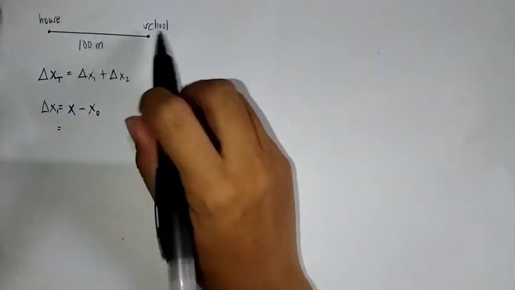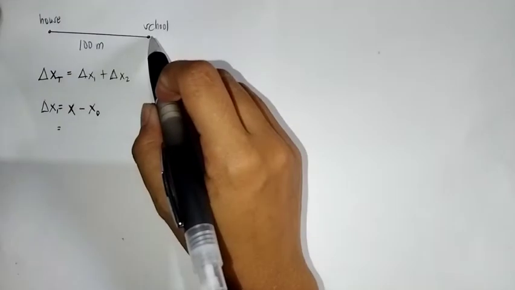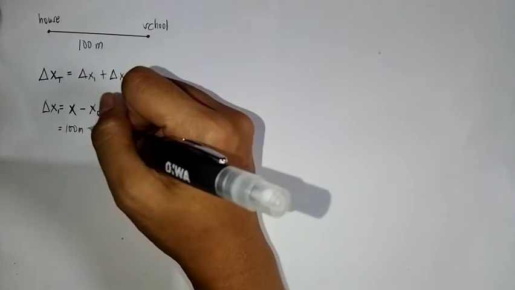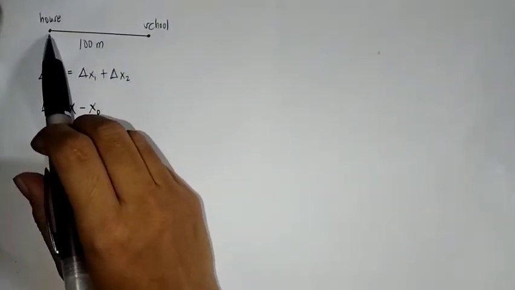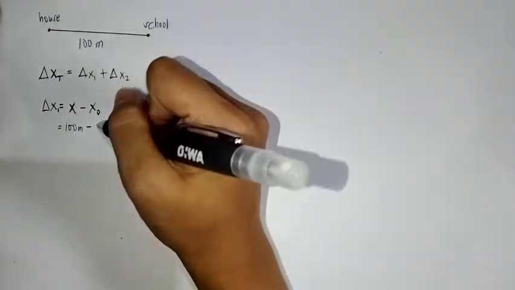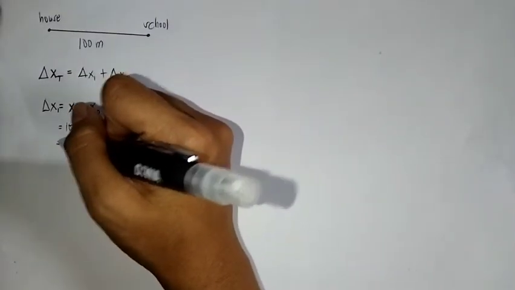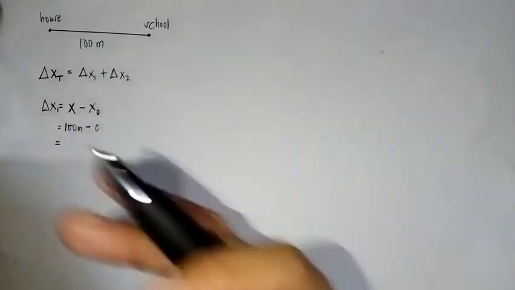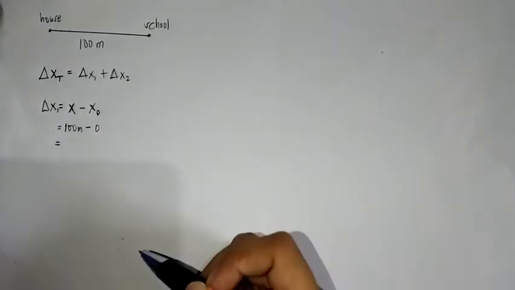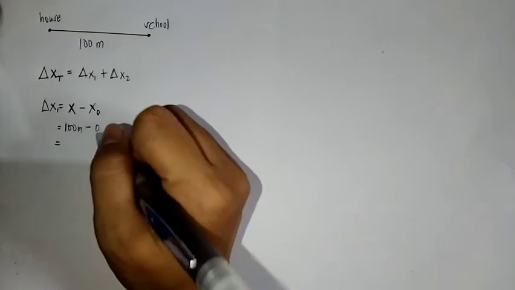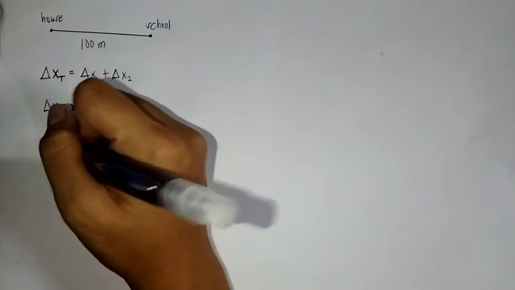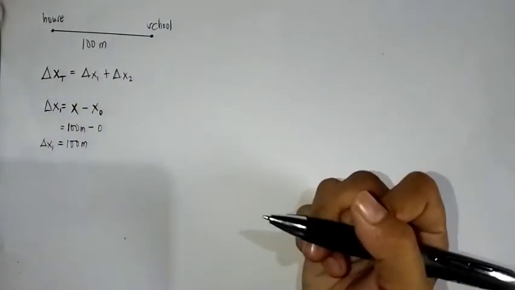So in that case, the final position from the house to the school is 100 meters, and the initial position is obviously 0 since it is a starting point. The 100 meters here is positive since it is directed east, or onto the positive side of the Cartesian plane. That is 100 meters minus 0. The first displacement, delta x sub 1, is 100 meters.